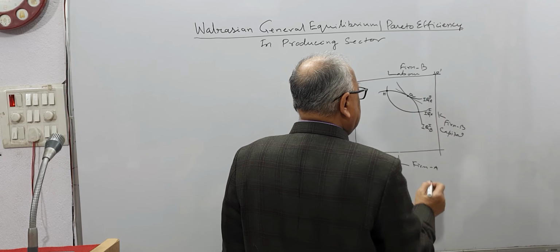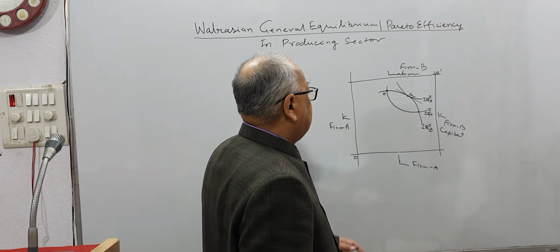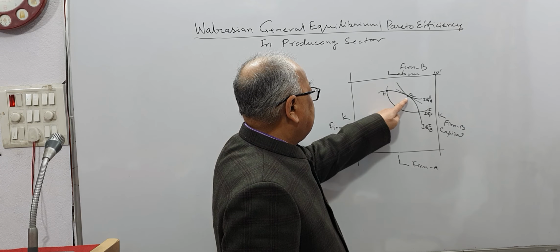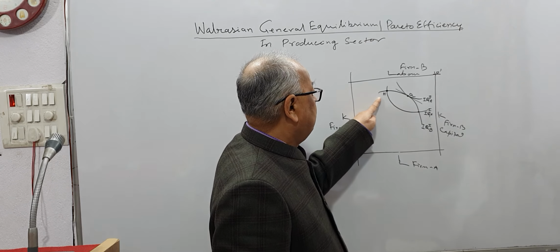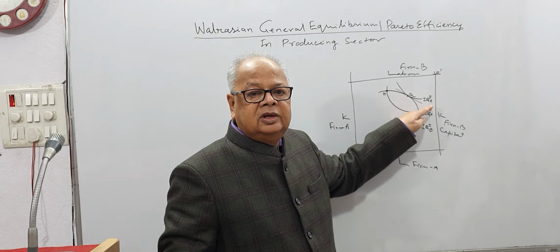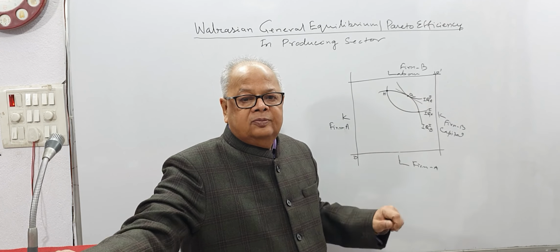Suppose this is 1. But if the movement from A to H is there, then what will be the effect upon the isoquant of A firm?